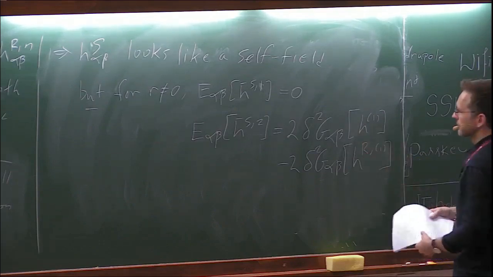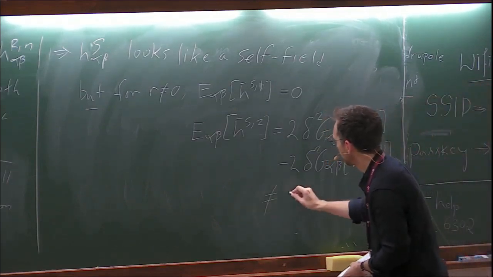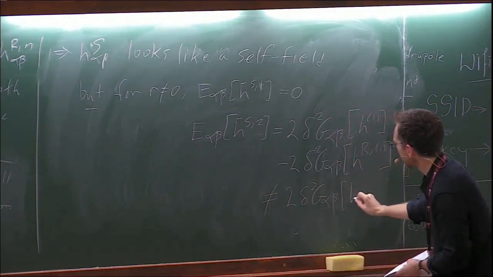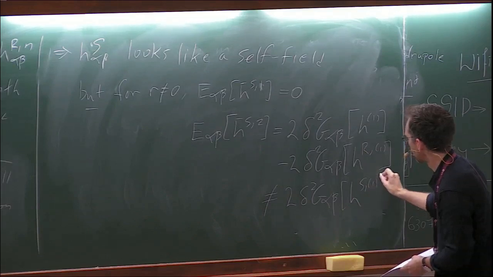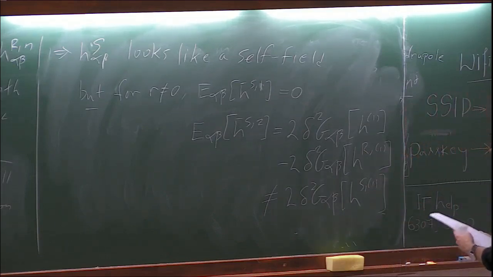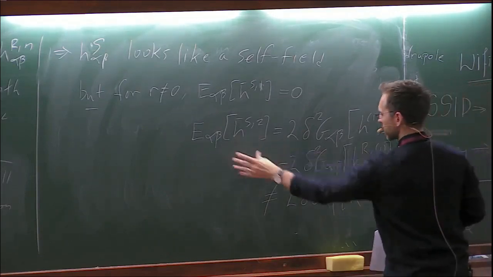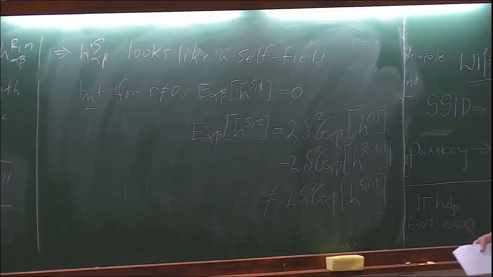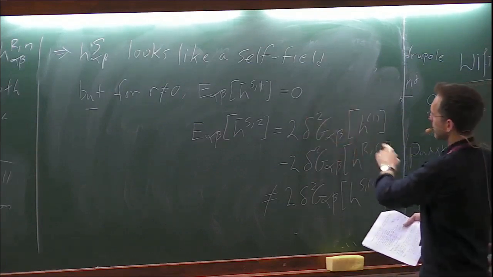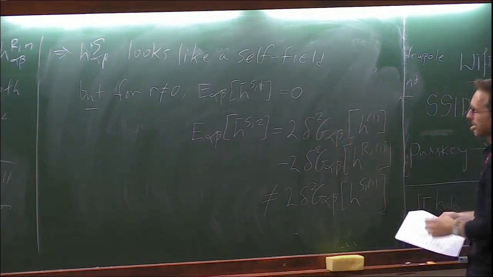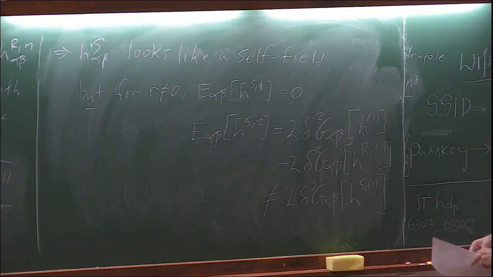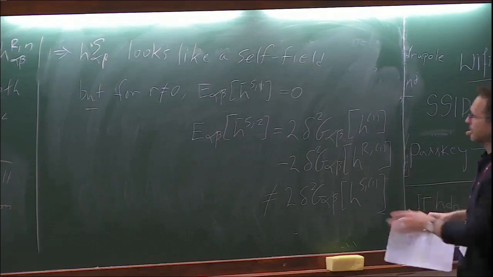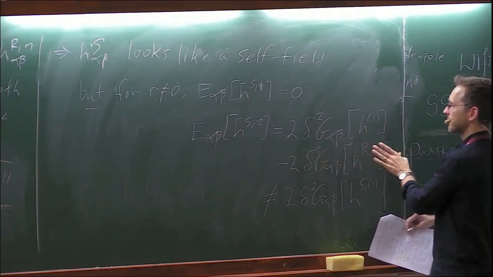So this is not equal to the second order Einstein tensor constructed from h^{S1}. If you had this equal to this, then it would be a solution to the Einstein equations. But in this case, it is not. The reason you have to subtract this term is that h^{R2} satisfies the equation that has this term.